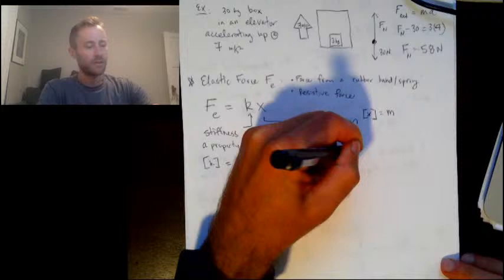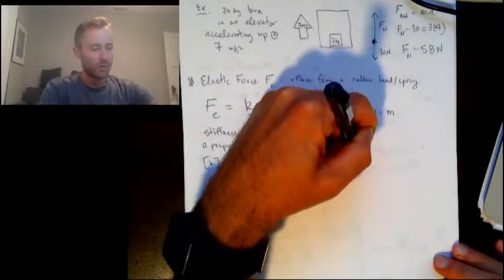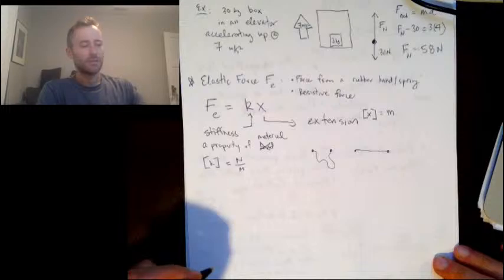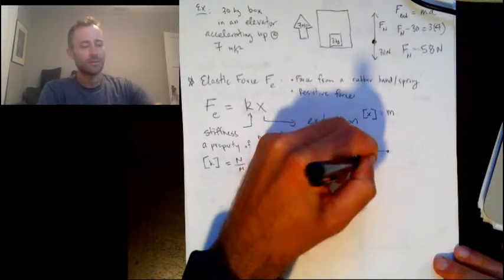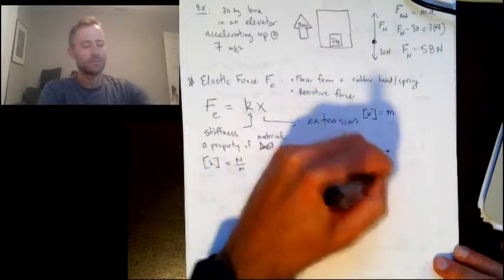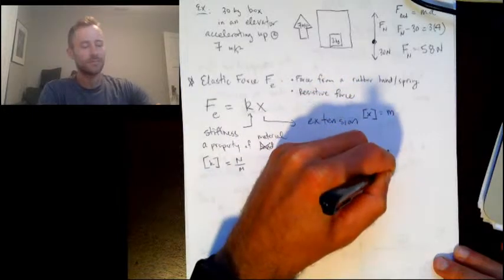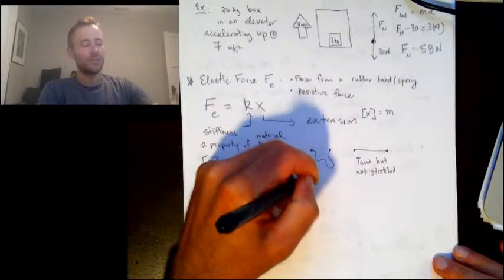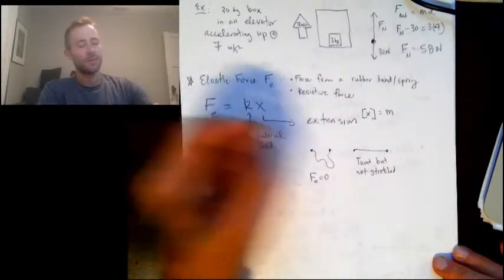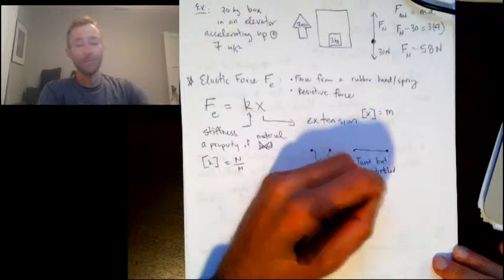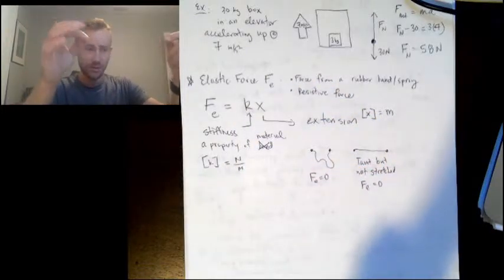Eventually, I would get to the point where the rubber band is taut, but not stretched. So this has an elastic force of 0 because it's taut, but it's not stretched yet.